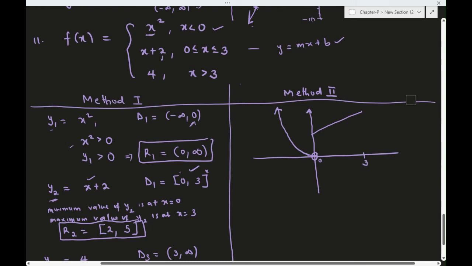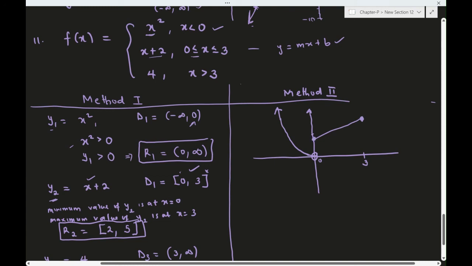But now we have to restrict this line. Let me come down a little here. So this is it, but we have to stay between 0 and 3. At 0, we are in the second piece, so at 0, the value is going to be 2.